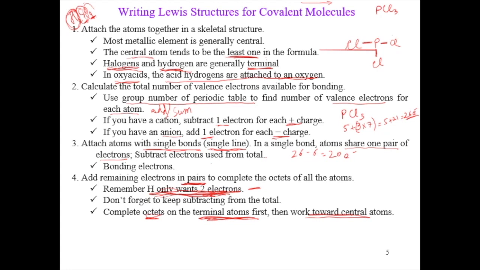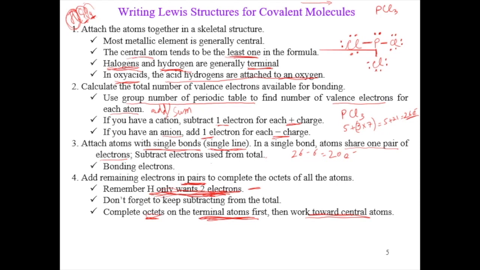I'll start from here: 1, 2, 3, 4, 5, 6, then 7 through 18. And I still have 2 more electrons left, so I'll give those to the central atom, which is 19 and 20.